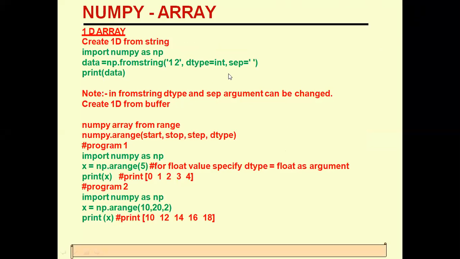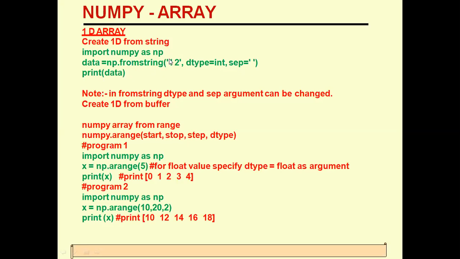So there is some example also. Import numpy as np. data. What is data here? Another variable here. Equal is assignment. np dot fromstring.